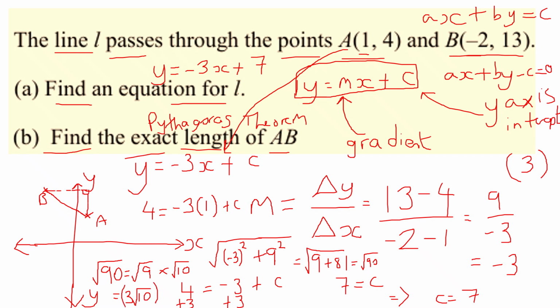So remember that is obviously working with Pythagoras. You're doing the square root of x minus x1 in brackets all squared plus y minus y1, or y2 minus y1, all squared, and then you're square rooting that.